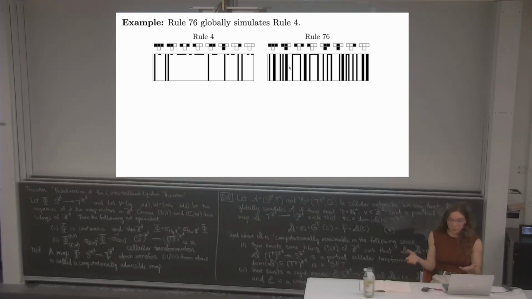So first of all, you will have a chance at the exercises to verify that if you remember elementary cellular automata and some basic equivalences we introduced between them, which was based on exchanging the role of the state 0 and 1 or exchanging the role of the left and right neighbor, it is quite easy to show that for all such cases, if these two elementary CAs are in such a relationship, then one can globally simulate the other one.